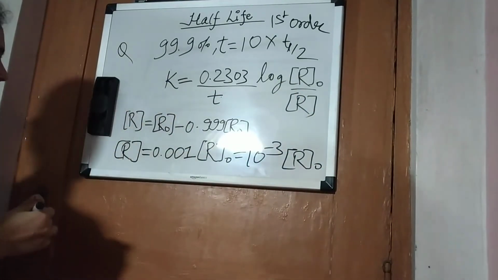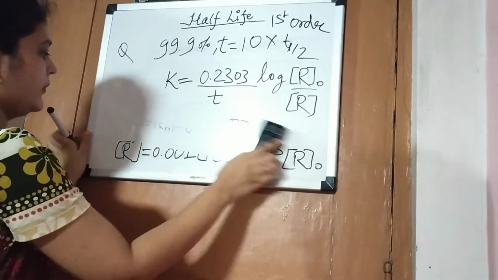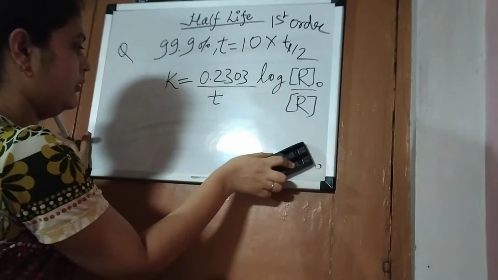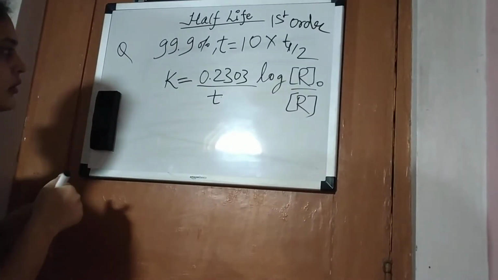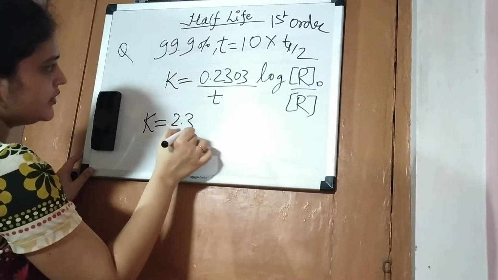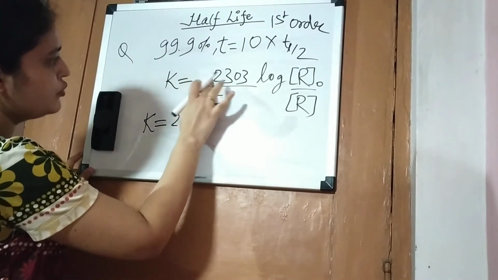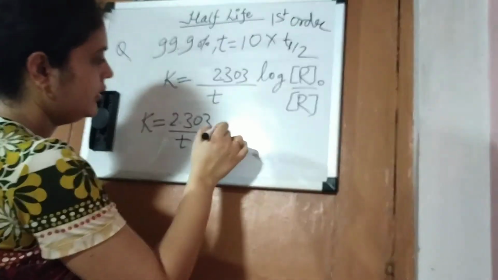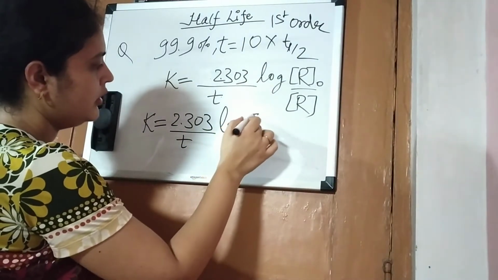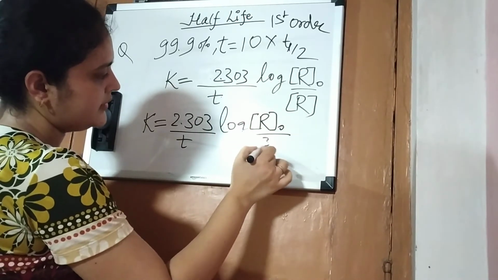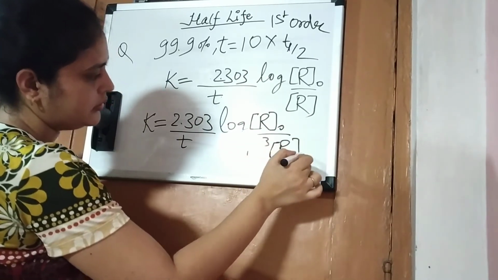So what will we get? K will be equals to 2.303 upon t log R naught upon 10 raised to minus 3 R naught, right?